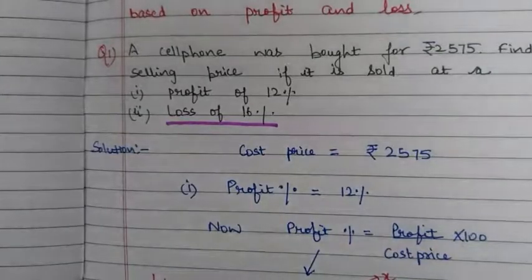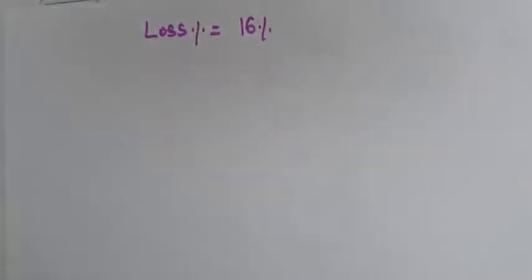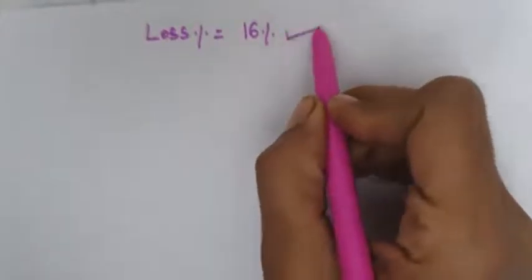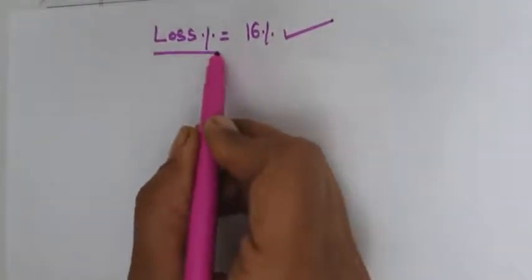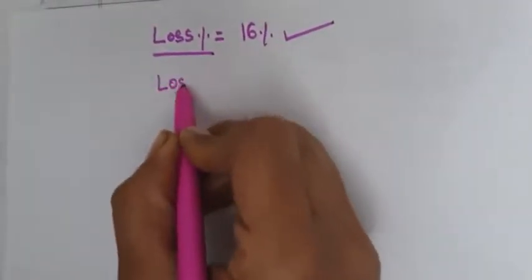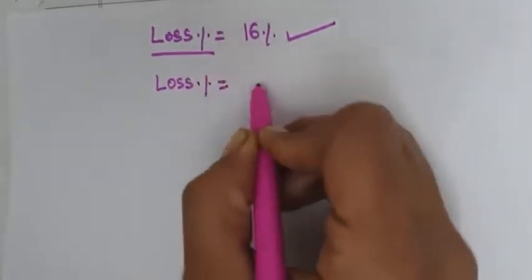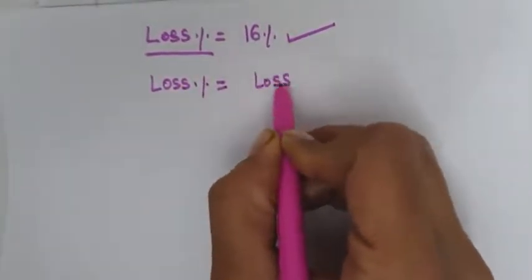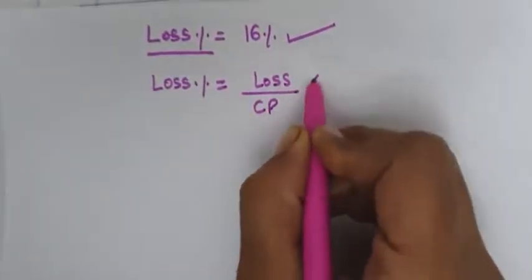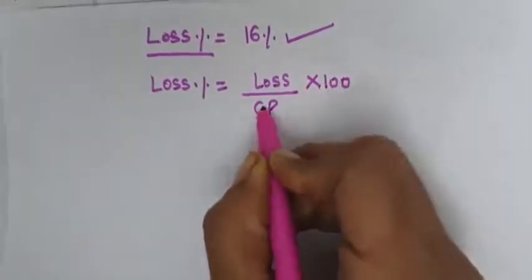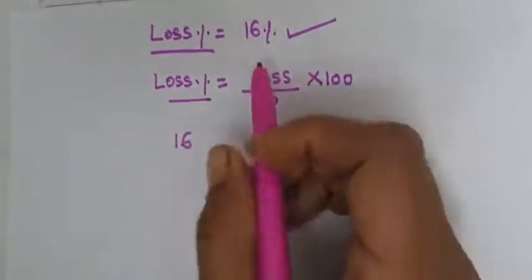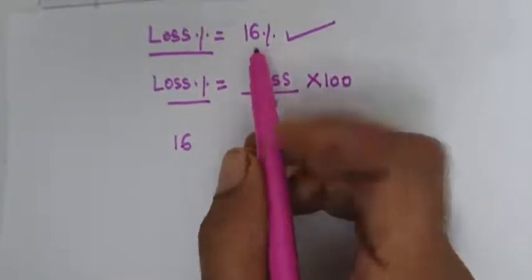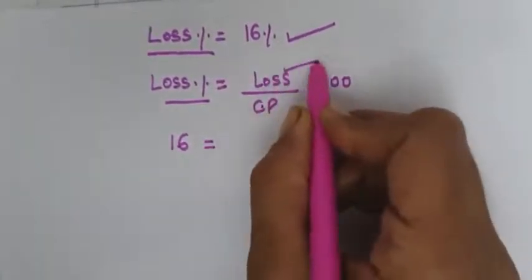Now in the second part, loss percentage is given to you, 16%. So let us start with the formula of loss percent. Loss percent is loss upon cost price multiply 100. Loss percent is 16%. And what is the formula for loss?